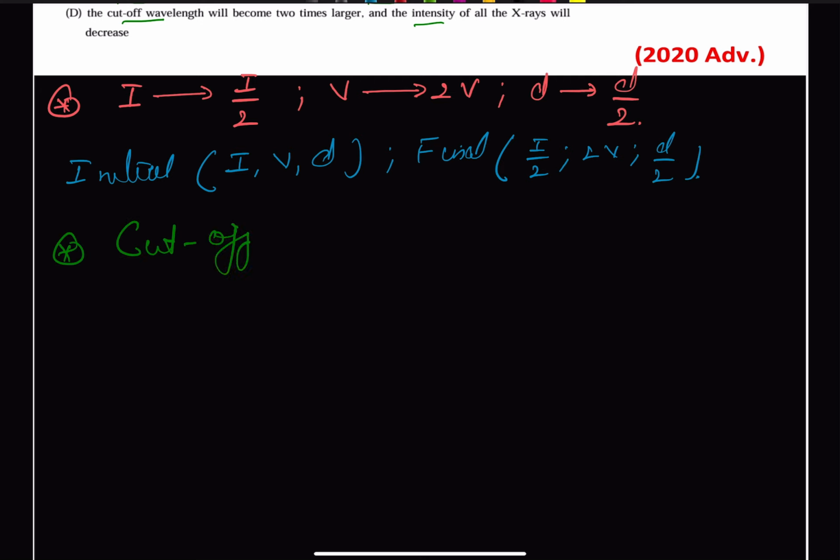It tells us that the minimum wavelength lambda is equal to hc upon eV.